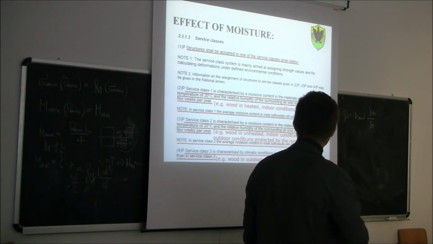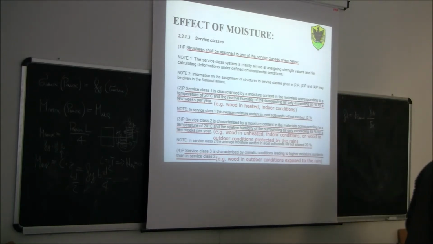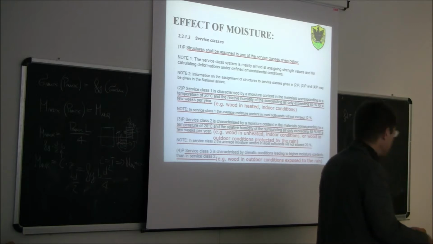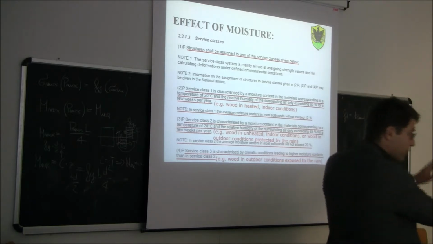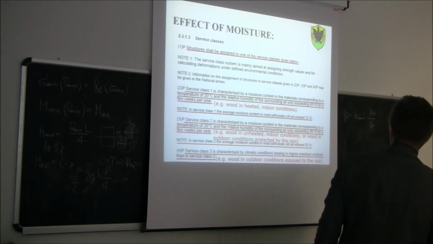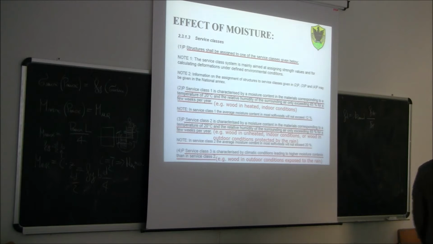Then, if you have unheated indoor conditions, for example, the roof where no one is living, you have unheated because you don't have a heating system if no one lives there. So in this case you have indoor because it's protected from the rain, but it's unheated. So this would be closer to service class 2. Or outdoor conditions, so our wood is outdoor, but it's protected from the rain, so it doesn't get in contact with water.